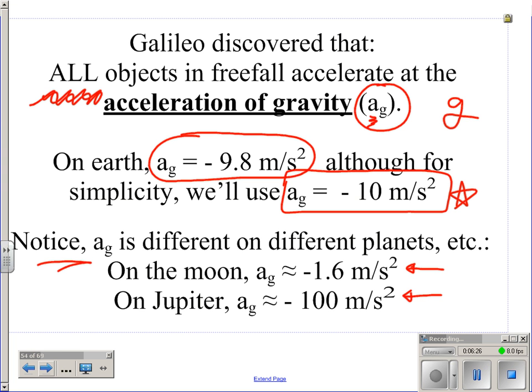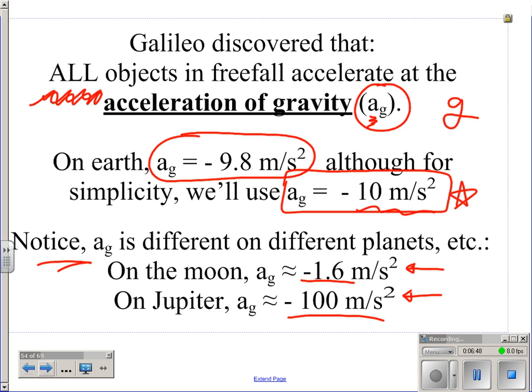To be honest, I need to double check that number. I'm not sure that's completely accurate. But anyway, it's certainly a larger acceleration than it is on Earth. So what all of this means is, on Earth, if you drop something and there's no air resistance, it will accelerate down at 10 meters per second squared. On the moon, it'll accelerate down at 1.6 meters per second squared, and on Jupiter at a much bigger rate.